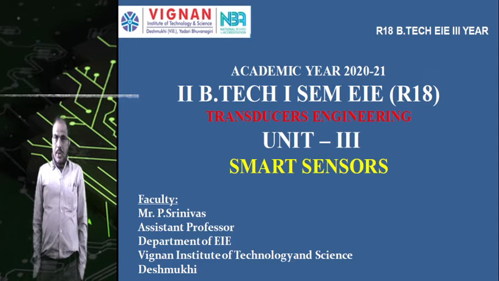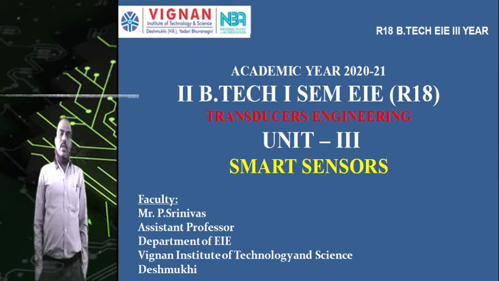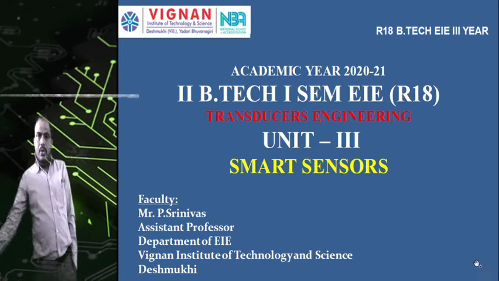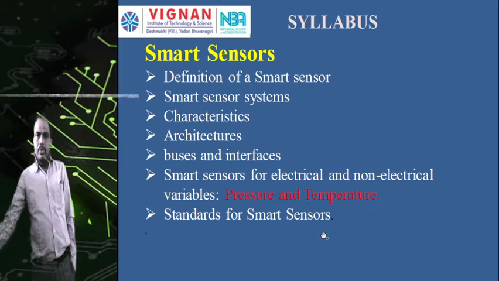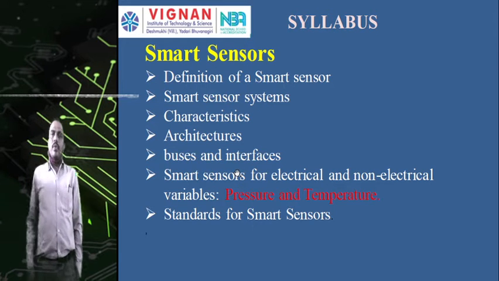So in this session I am going to discuss the second part of the third unit, that is smart sensors. Before entering into the exact topics, first we will have an overview of the syllabus which we are going to discuss.